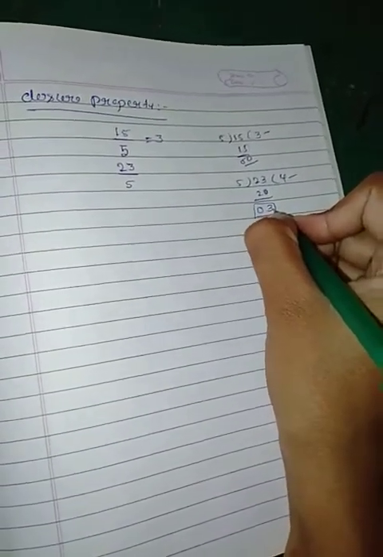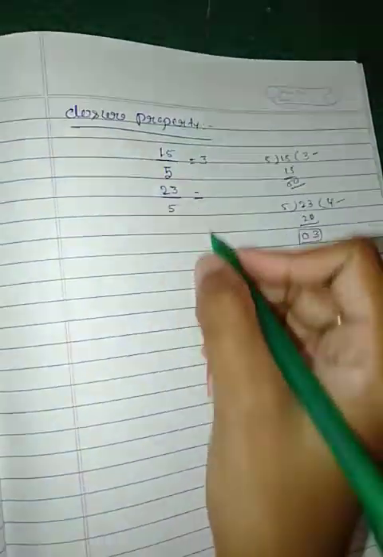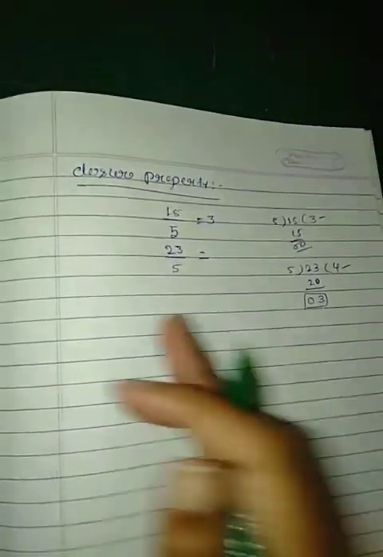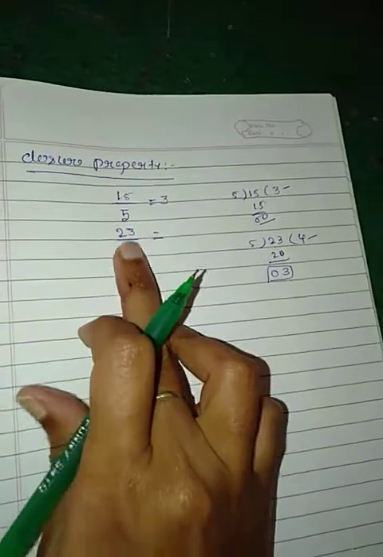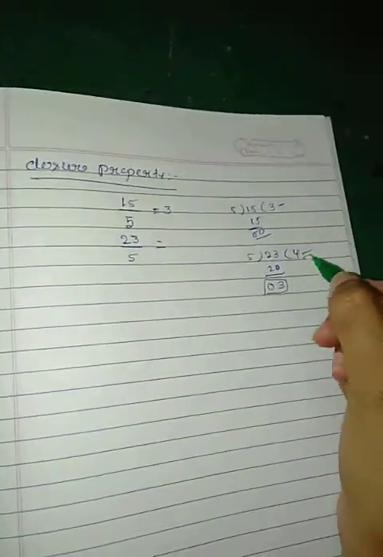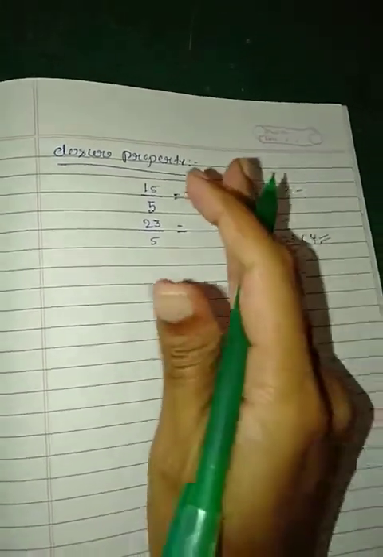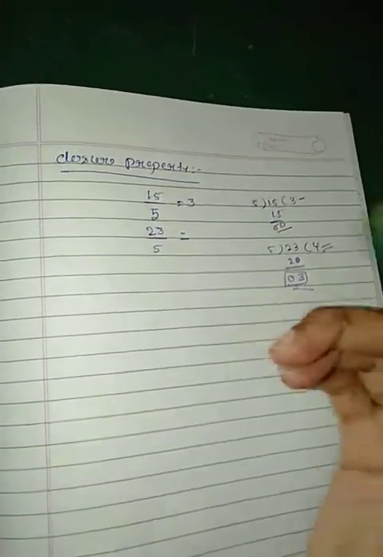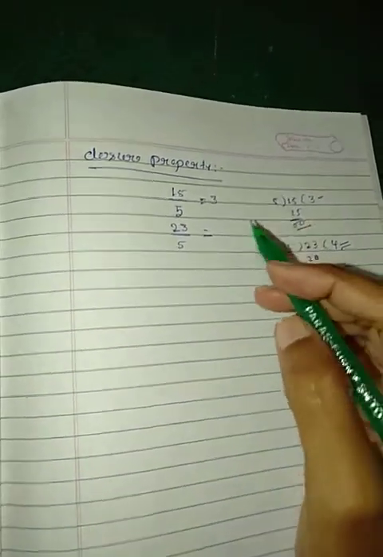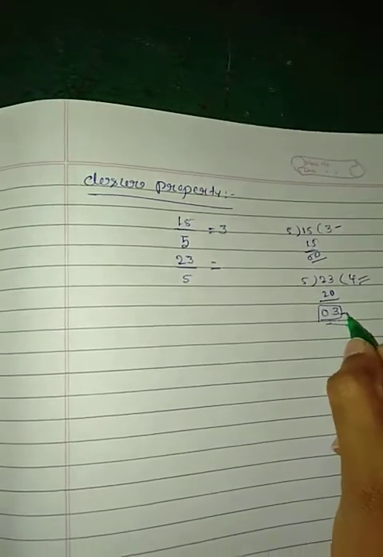Okay, so when you divide 23 by 5, the quotient we get is 4 and the remainder is 3. That means 23 by 5 is not a whole number, as 5 doesn't divide 23 exactly, leaving 3 as a remainder.